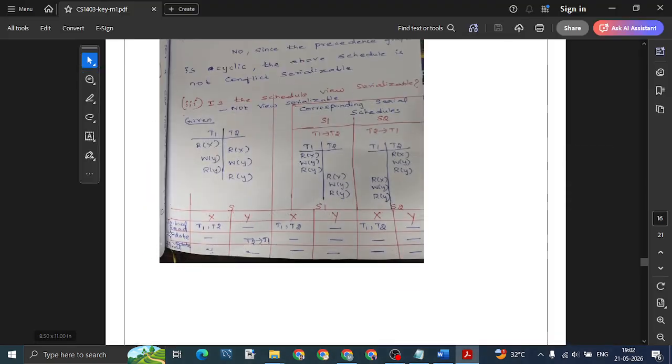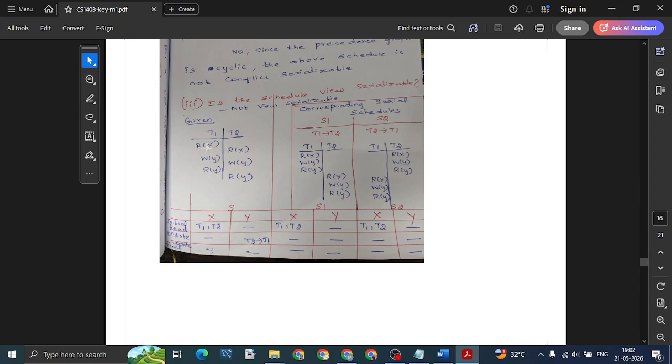Look at this example: initial read, update and final update. I am having two transactions, T1 and T2, and two data items. S represents the given schedule, S1 represents the corresponding serial schedule 1, and S2 represents the corresponding serial schedule 2. Now, who is performing the initial read? Look at this, X is having the initial read done by both T1 and T2.